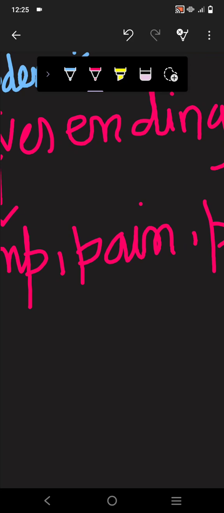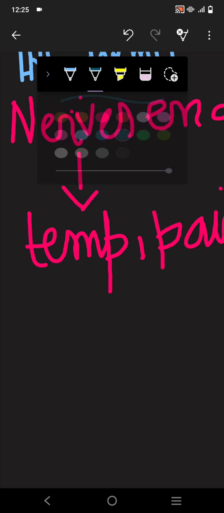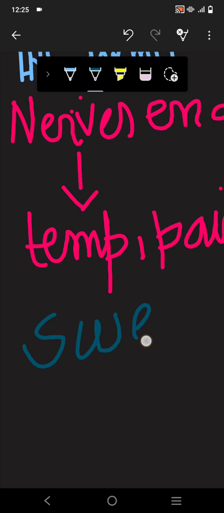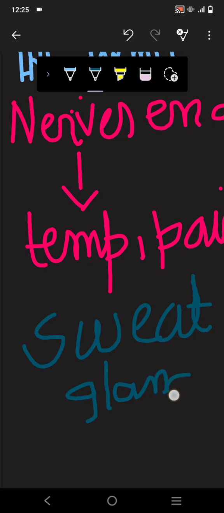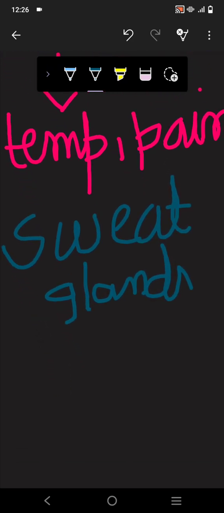So it contains the sweat glands. What else does it contain? It contains the sweat glands that release or secrete the sweat. Why does the sweat secrete? Because to maintain the temperature.